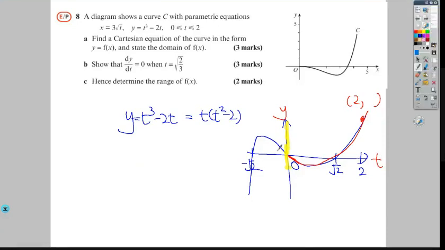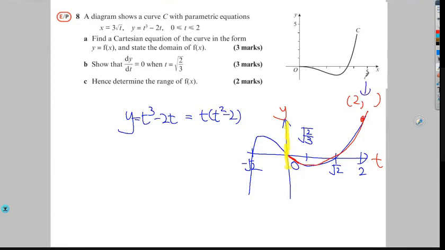So let me draw that first. Okay, and then based on the domain that they tell us, I just want it from 0 to 2. So actually, the curve that I'm looking for is just this part here. The rest I don't really need.